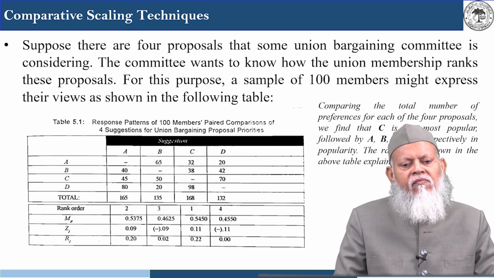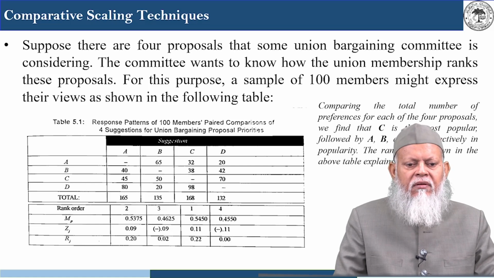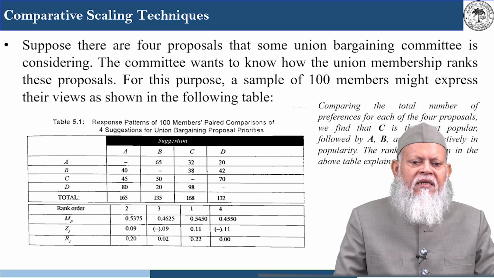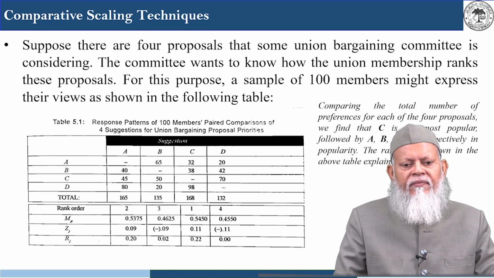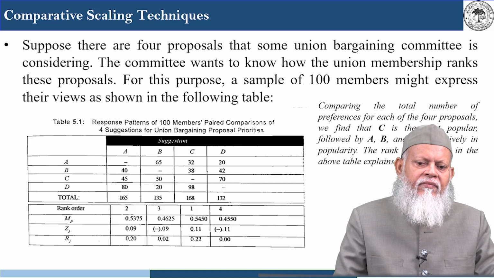So, we observe the table, and we find that first of all there are 4 stimuli, and then there are 100 members.